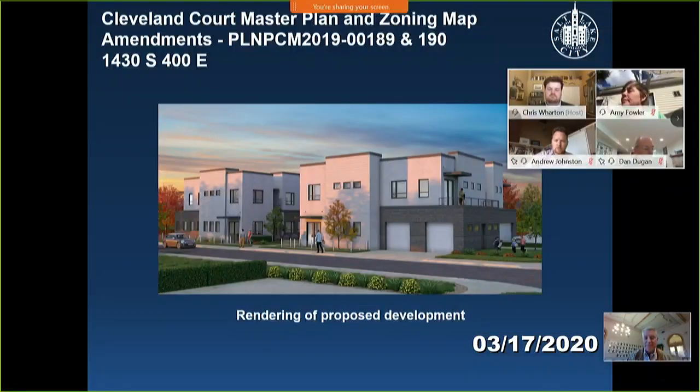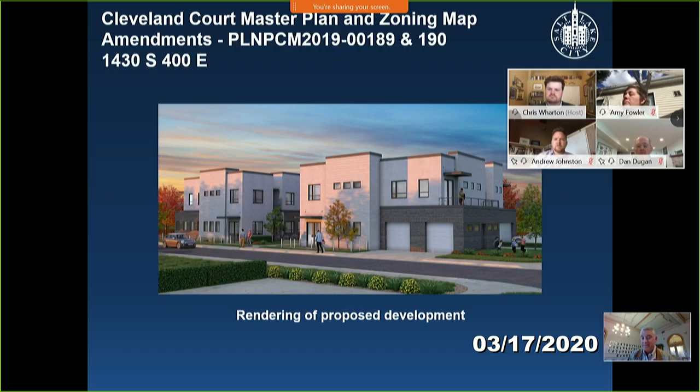Our goal was to create more of a missing middle project than higher end condo units. The 7 units sits on almost exactly the same footprint as the 5-unit project. So it's not a bigger project, it just has more units. And the RMF 35 zone didn't allow the 7-unit project versus the 5-unit project.